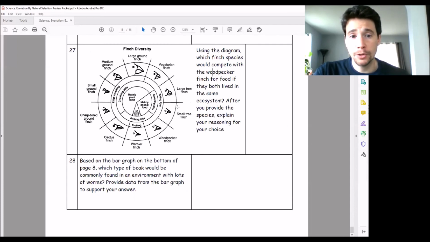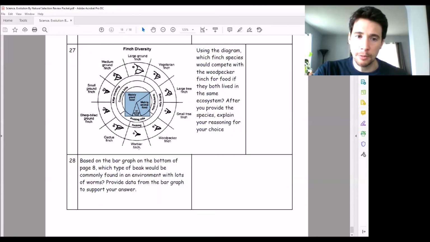And so really, I want you to check out the center here. The center tells you the type of food that each of these birds goes after. So the large tree finch and the small tree finch and the woodpecker finch and the warbler finch, they all eat animal food. See how it says animal food? This talks about what their bills look like, what their beaks look like, right?